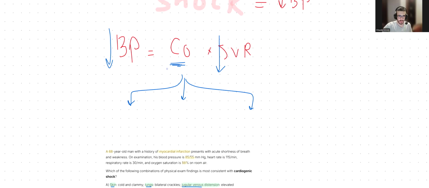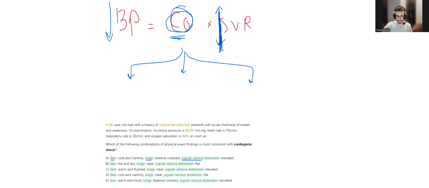So blood pressure equals cardiac output times SVR. So in cardiogenic shock, our cardiac output is going to be compromised, so the body is going to raise that SVR, right? How? By constricting blood vessels, especially those on the skin. So cutaneous vasoconstriction is going to be happening by sympathetic response.